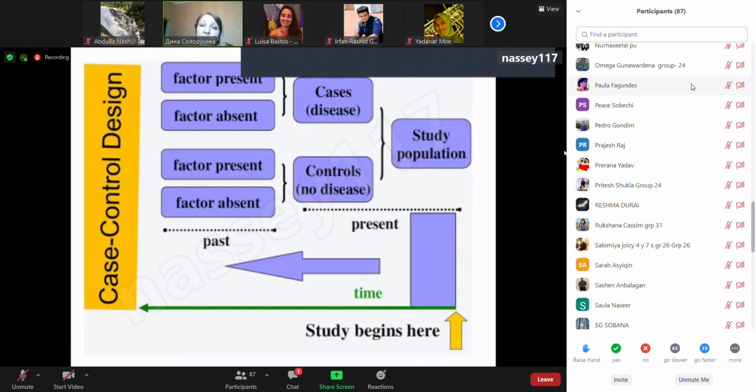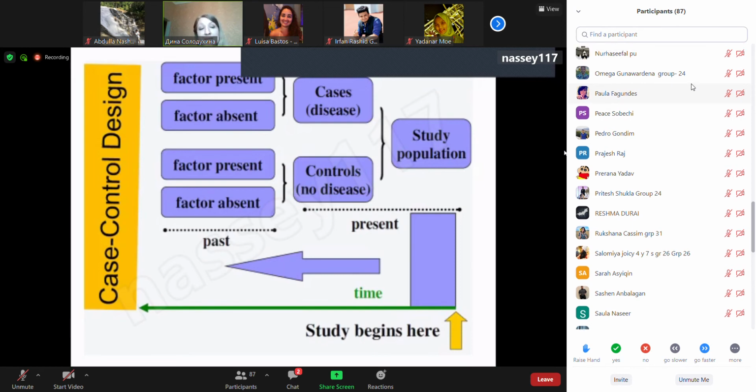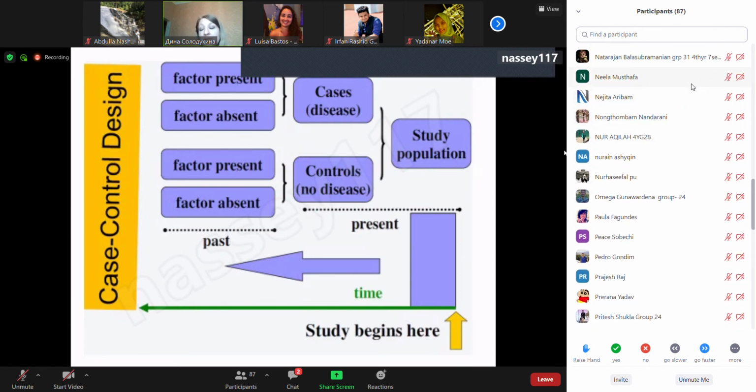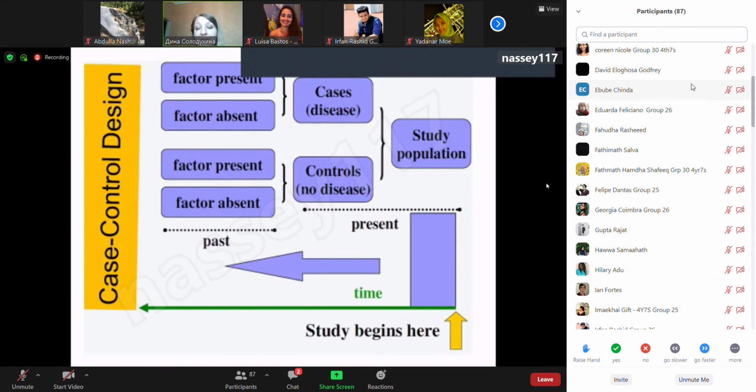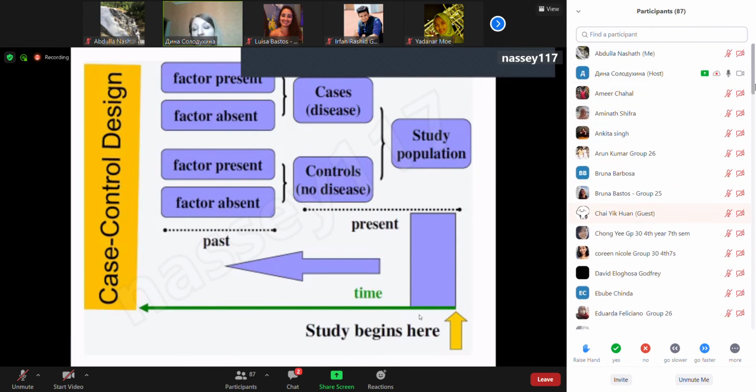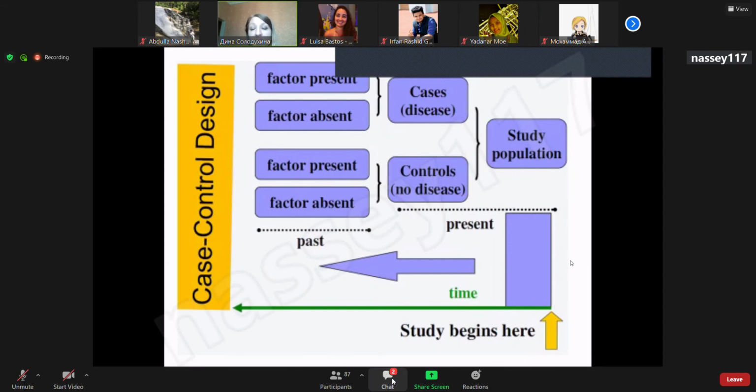For example, if we have a rare disease, or if we don't have so many subjects to study, the alternative to a cohort study will be a retrospective design, or a design which uses an approach to the past of the subjects, and we call it a case control design. In a case control design, a study begins at a moment of time when people already have a studied outcome.